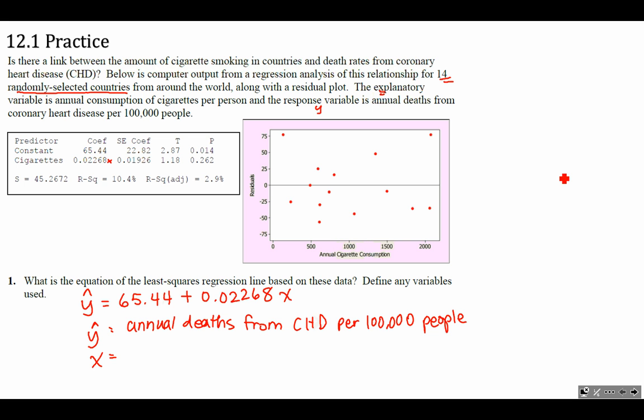Okay, and then X is going to be the explanatory variable, which is the annual consumption of cigarettes per person. And that does it for number one.